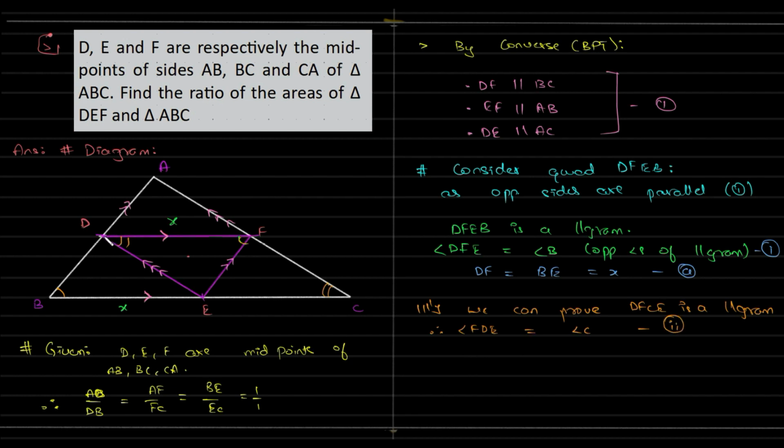And also DF is equal to EC. So even the opposite sides are equal. DF is equal to EC, sorry, is equal to X. This is equation B. And I forgot to write the reason. We can write it over here: opposite sides are equal in a parallelogram. Even that one line is enough.